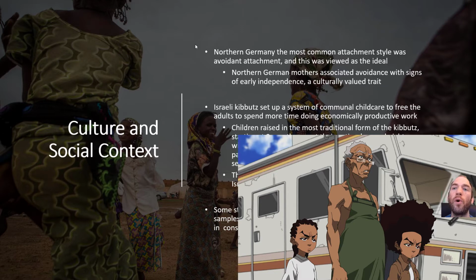In this case, the positive and negative developmental outcomes associated with avoidant and anxious ambivalent attachment styles are typically seen in the US or Western context, globally speaking, as negative, but you can see in other contexts, they actually may be beneficial, or may even be rated as a positive developmental outcome.